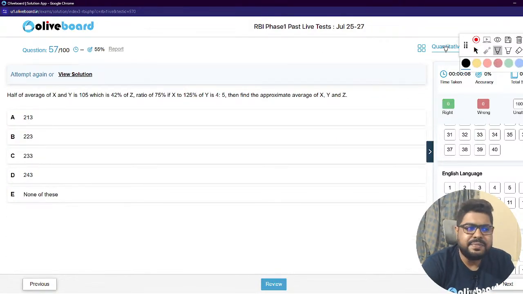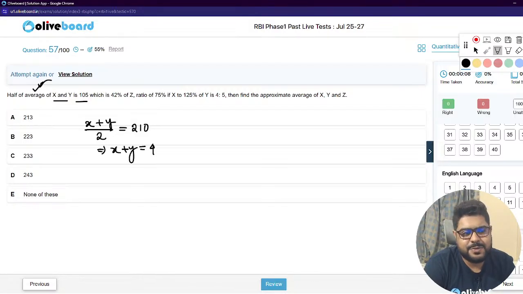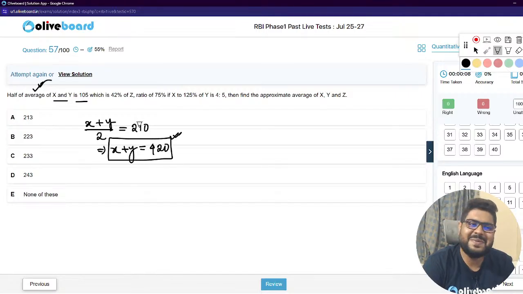Moving on, sir. Half of the average of x plus y is this. Half of that is 105, meaning average is 210. So x plus y will be what, sir? x plus y will be 420. So very good number.